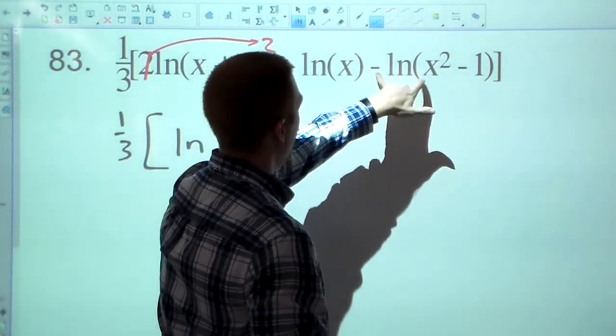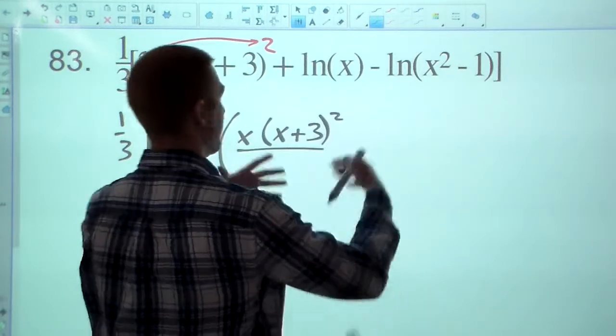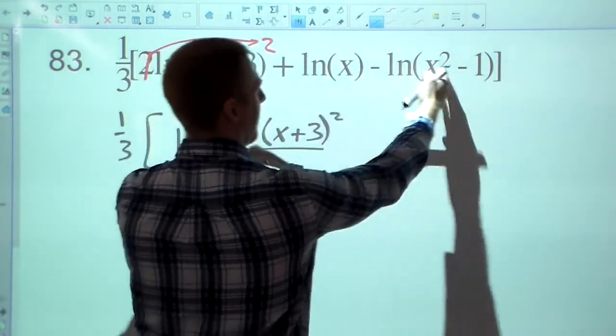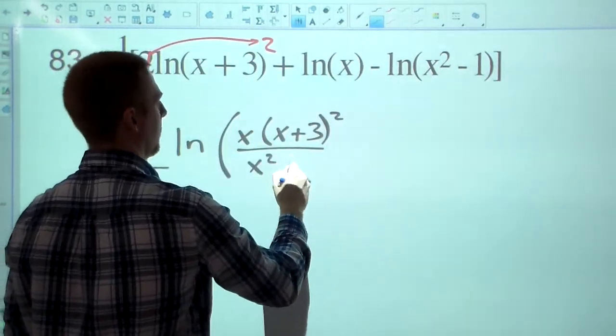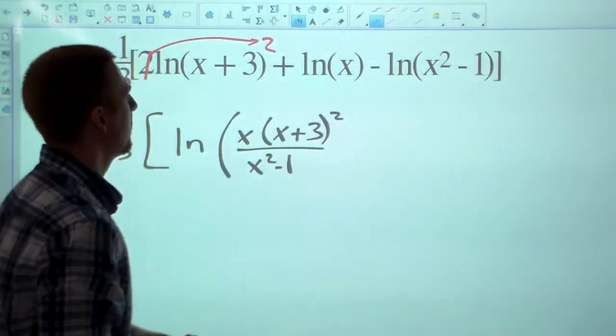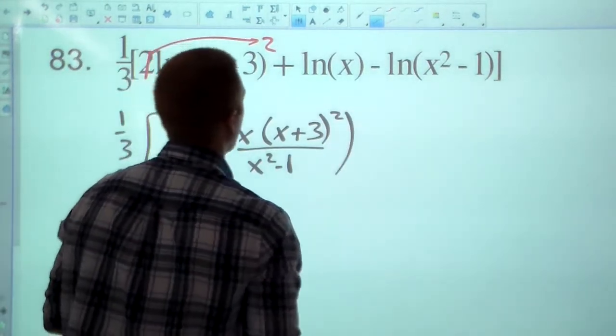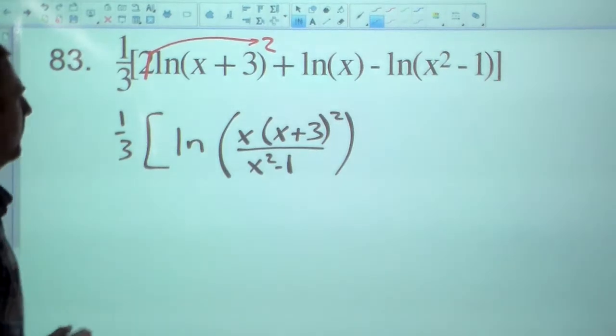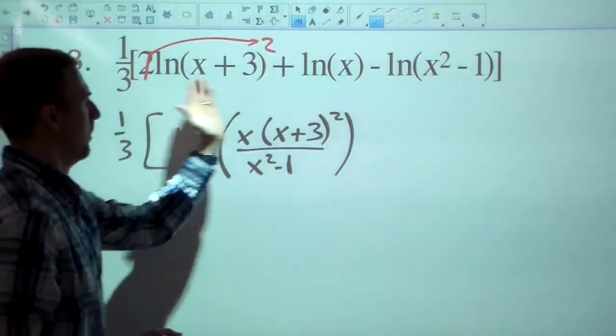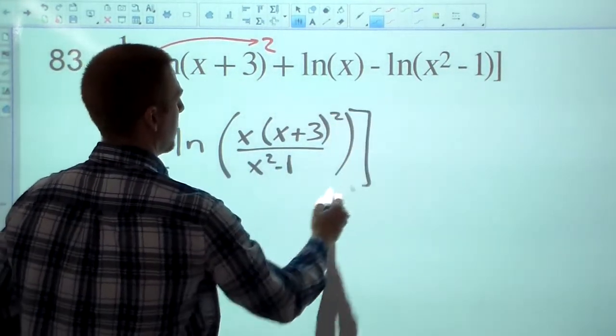And since this is a minus, these are divided by that term. So x squared minus 1 would go on the bottom. And then you've got this 1/3 to deal with. So this is an additional exponent. Close that off.